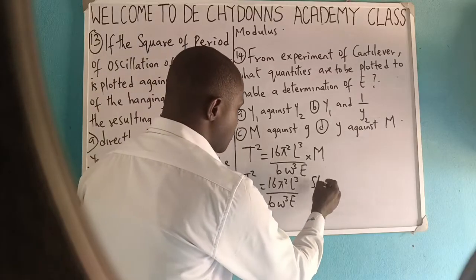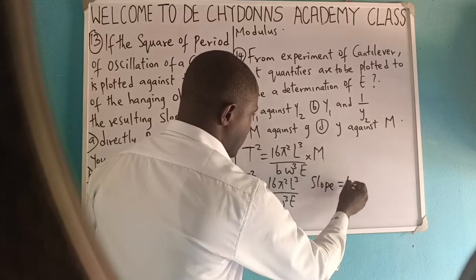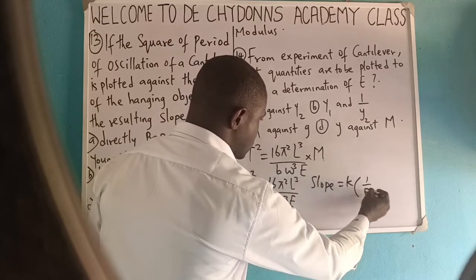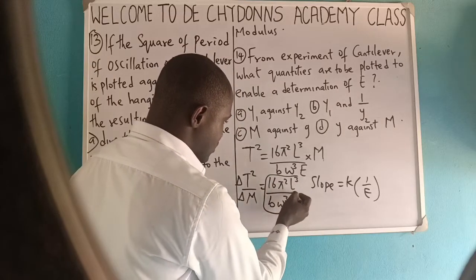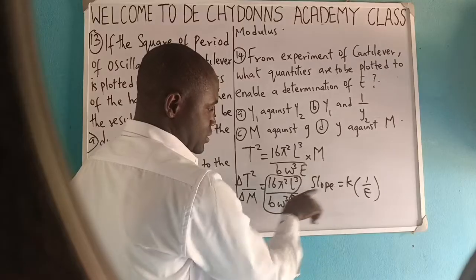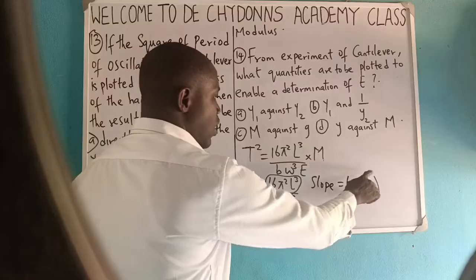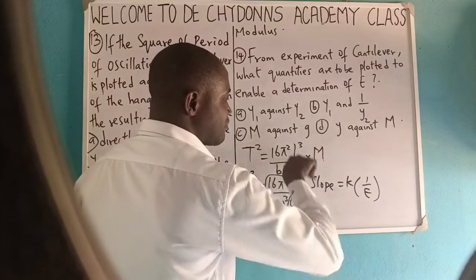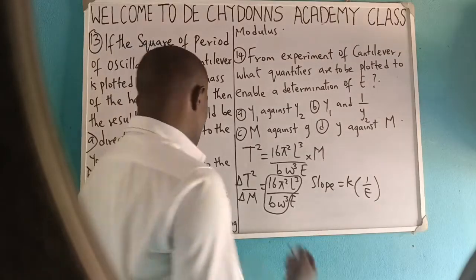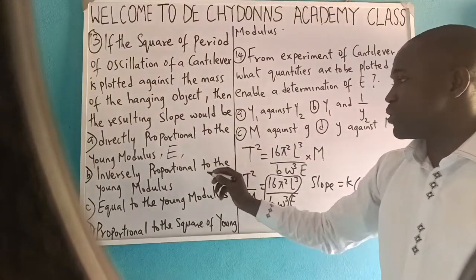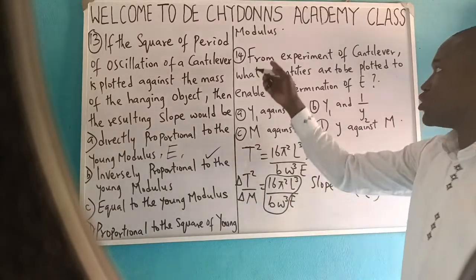We say the slope is equal to K times 1 over E, where K means every other thing that is not E, so K is constant. So the slope is inversely proportional to the Young modulus. We take option B. We go to question 14.